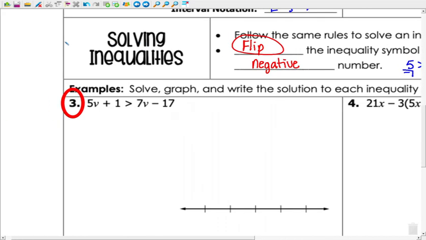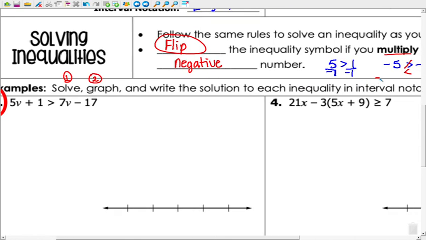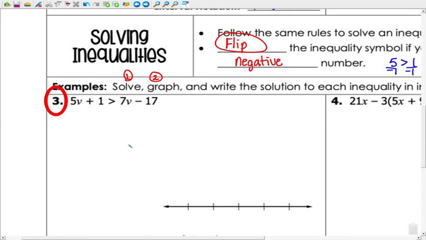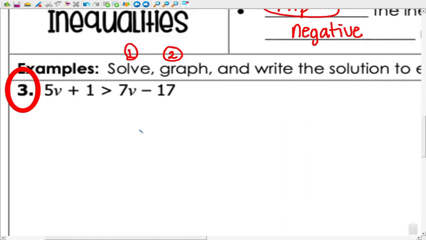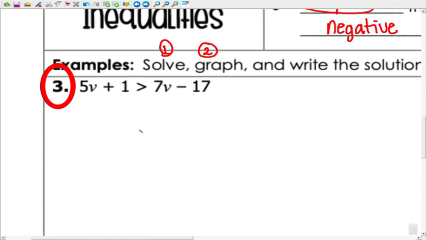Number 3. We want to solve, and then we want to graph, and then we want to write our answer to each inequality in interval notation. So let's first start by solving. To solve your inequality, we solve like you would solve an equation, which means I need my variables on one side and my numbers on the other. This means I'm going to subtract my 7b and bring it over here with my other variable.